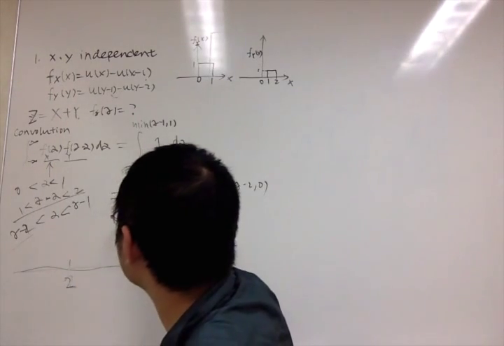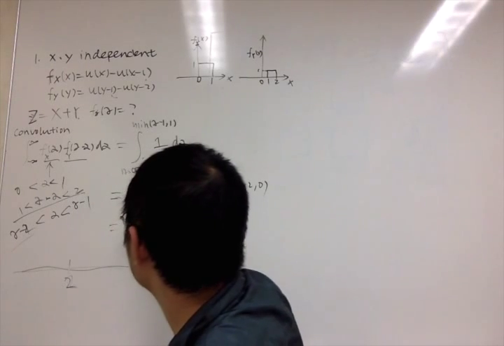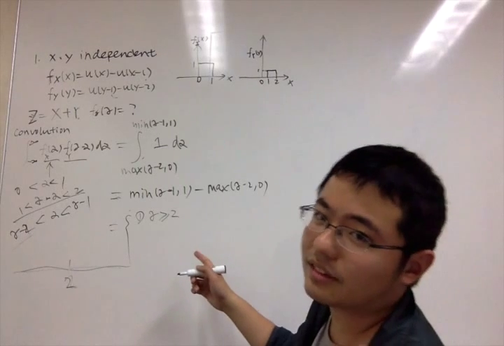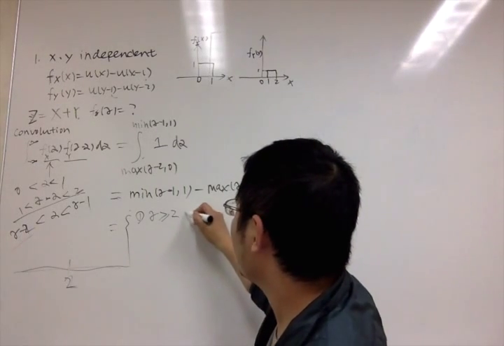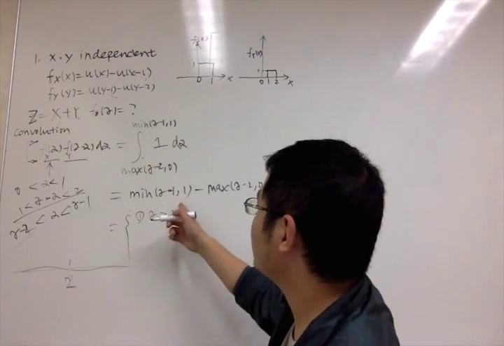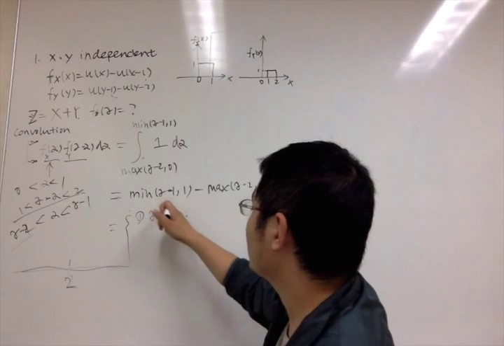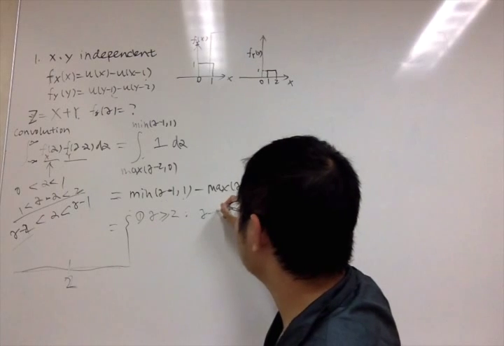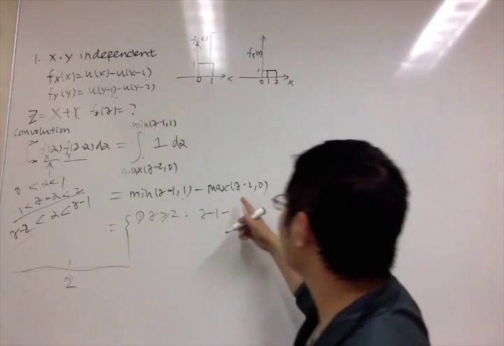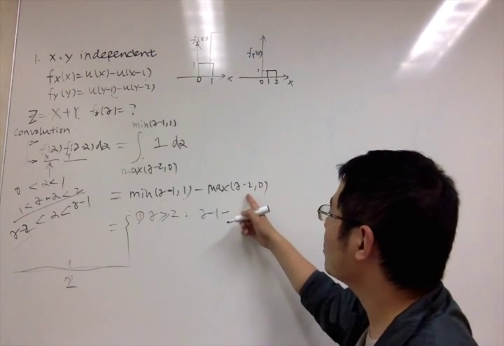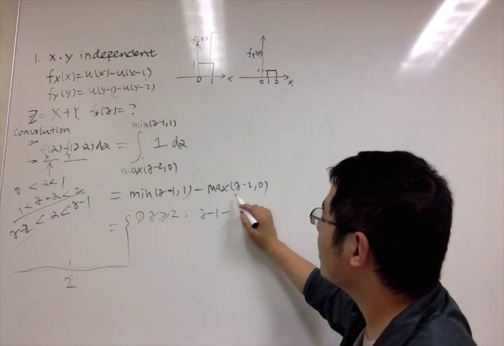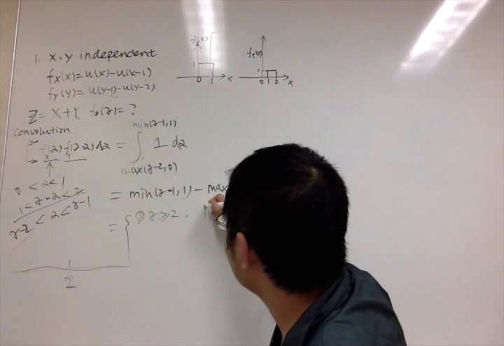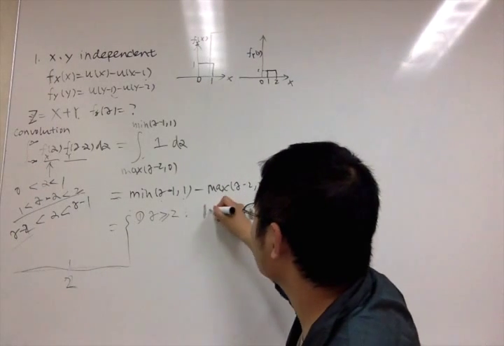When z is larger than or equal to 2, we get that z minus 1 is larger than 1, so the first term is 1.